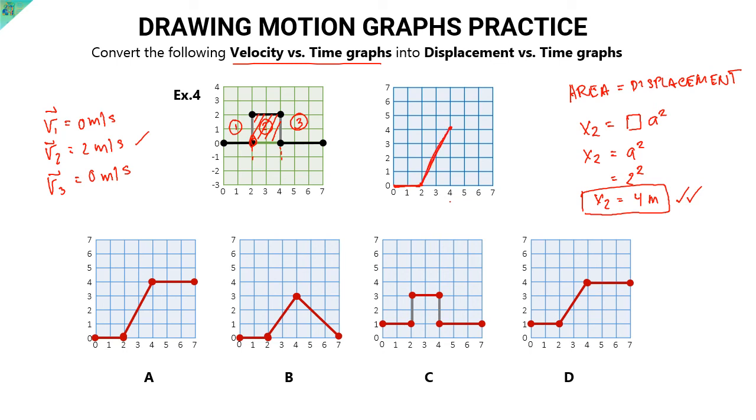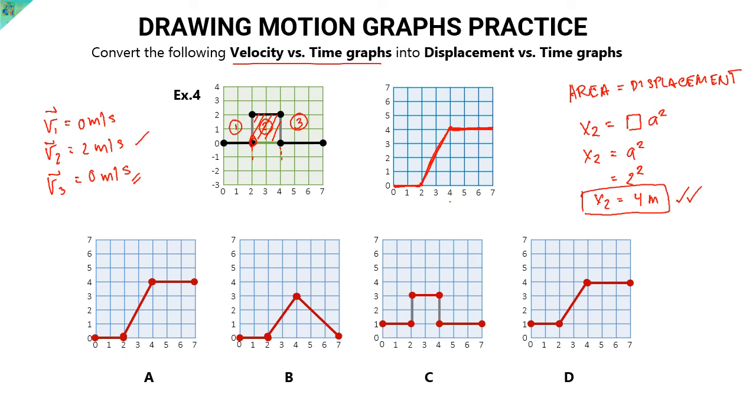And then, after that, the velocity goes to 0 meters per second, which means it suddenly stopped. Ibig sabihin nun, if it stopped, your position will also stop. Since, pagdating niya ng 4 meters, hindi na siya gumalaw.